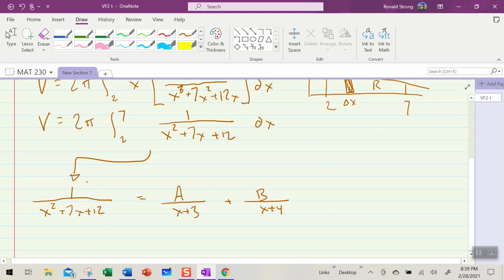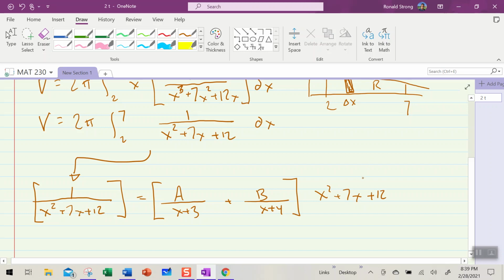Multiplying both sides by the least common denominator. Now the least common denominator is always going to be the denominator on the left-hand side, which is x squared plus 7x plus 12.